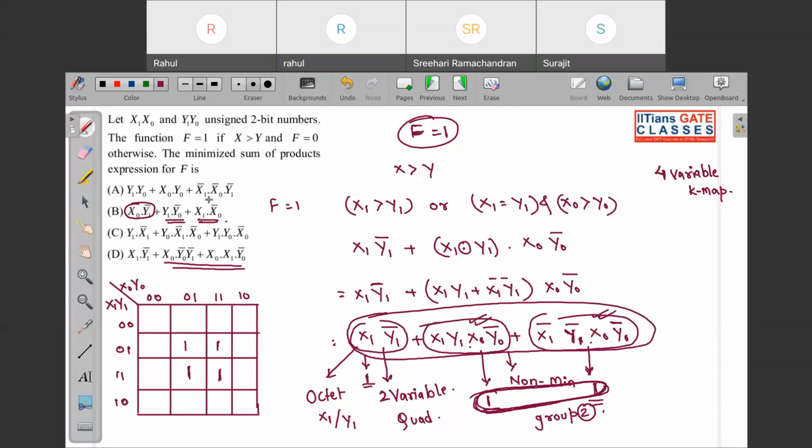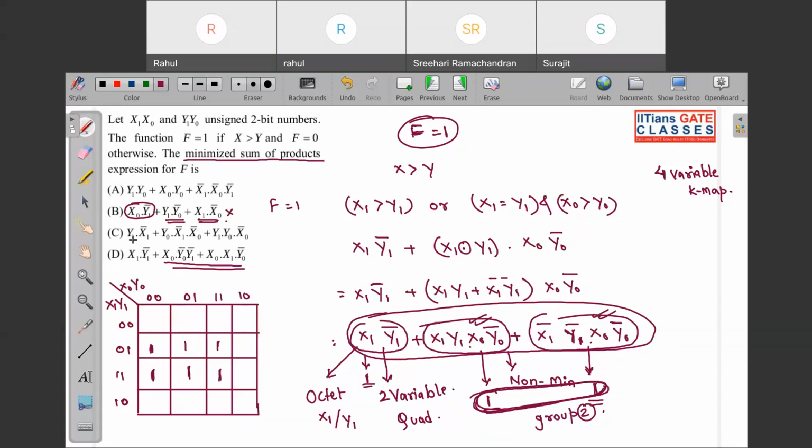Because this is the minimized sum of product, they have already written. How can I get 2 more quads from these 2 minterms? These 2 minterms will give me only 2 respective ones. Now tell me, how can I construct 2 more quads? I cannot make them. So this option is also wrong.